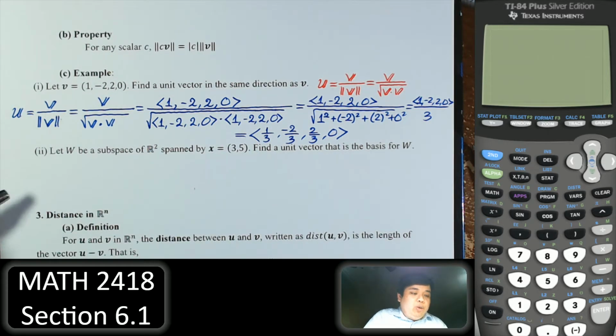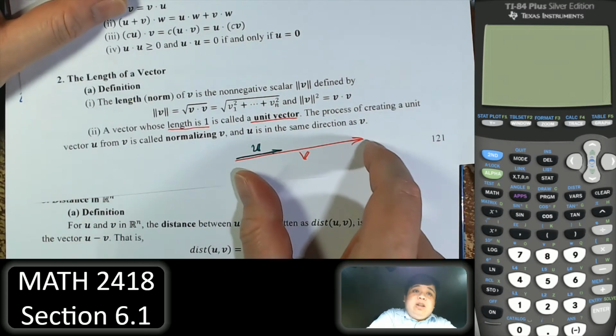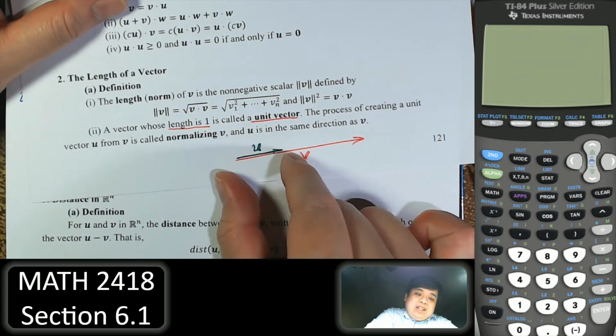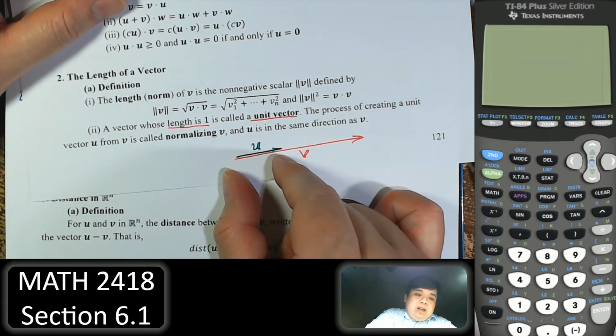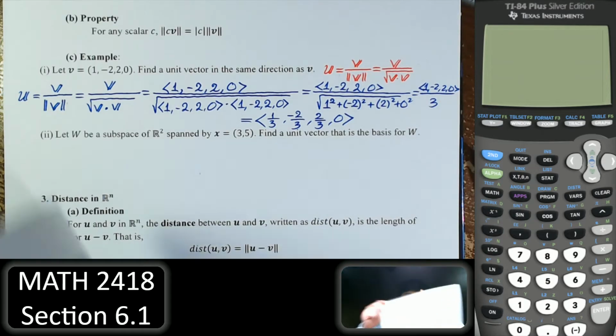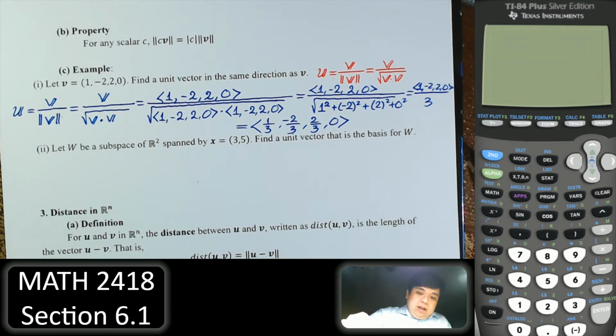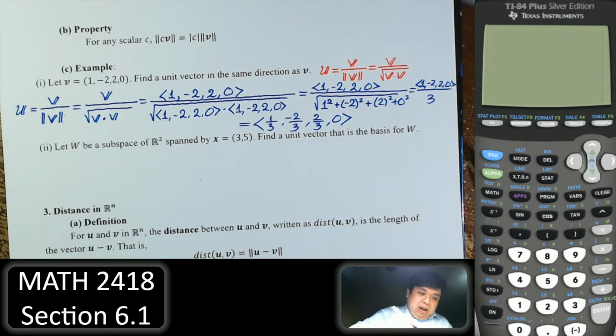Now, let W be a subspace of R2 spanned by (3, 5). Find a unit vector that is the basis for W. So pretty much like I said, we have a very long vector or very short, and we just normalize it to length 1. In that case, we just divide by the length.